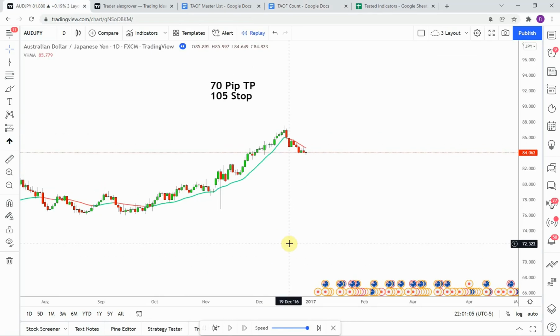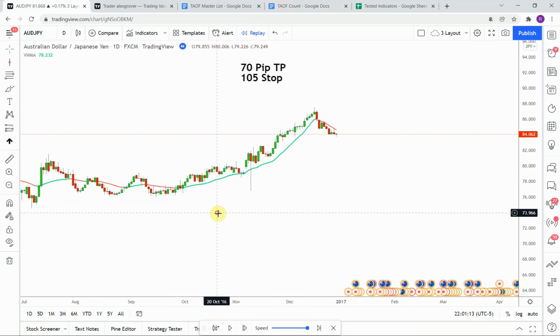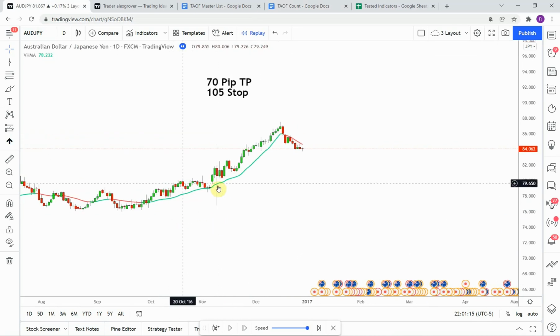Alright, so back to today's indicator. It is the vertical horizontal moving average, and you can see it here on screen. I did change the period on this to 30 because that is kind of the default that we've tested most moving averages on, and that way we keep things a little bit fair.